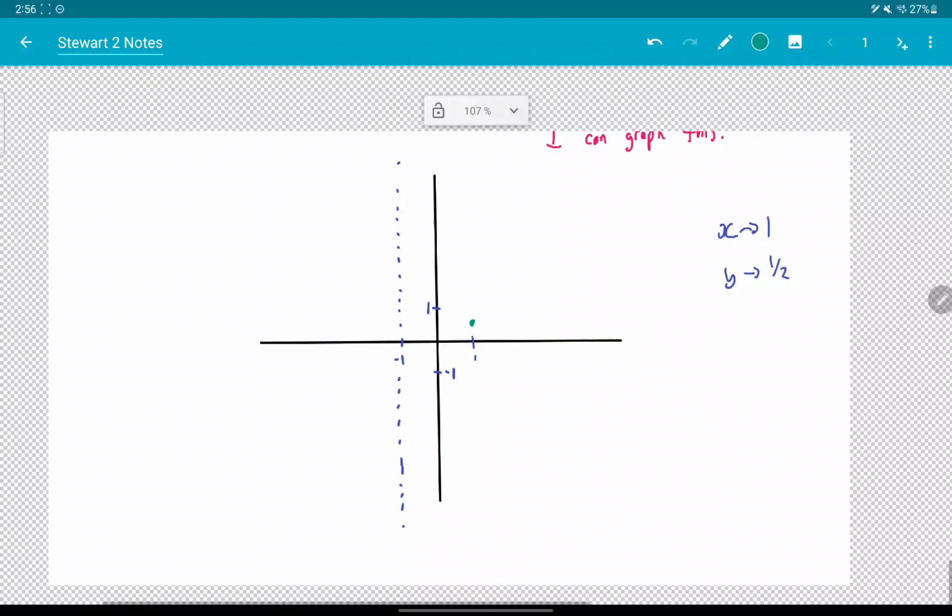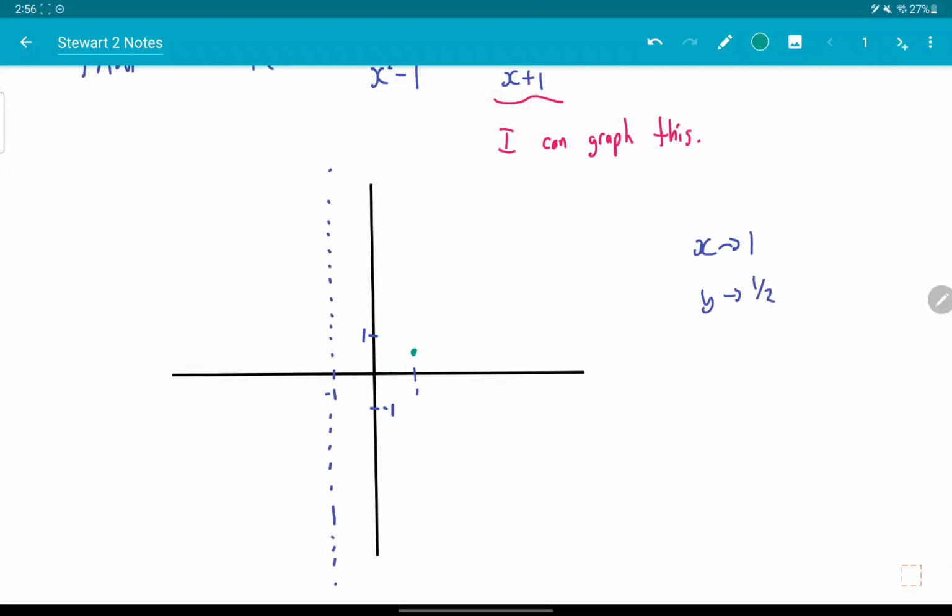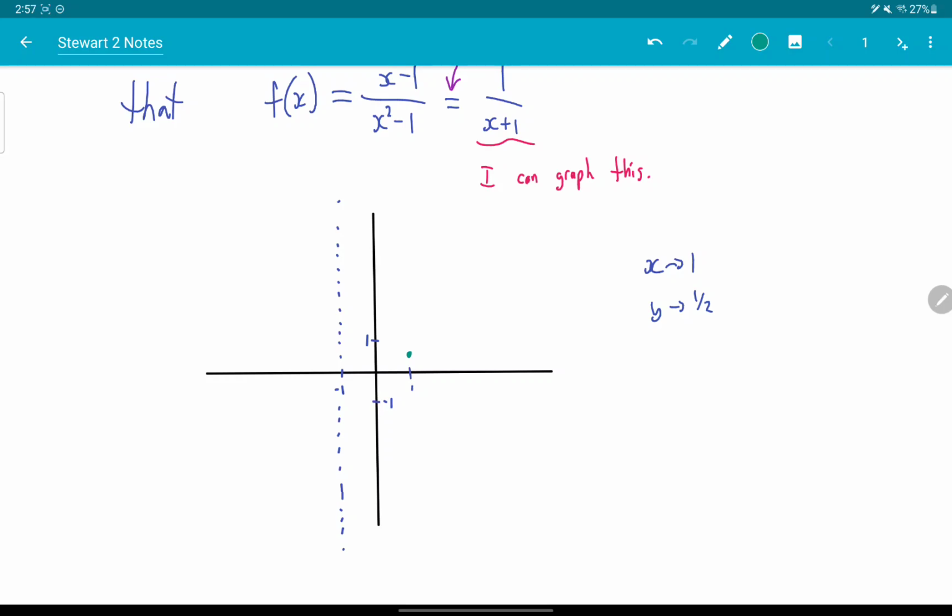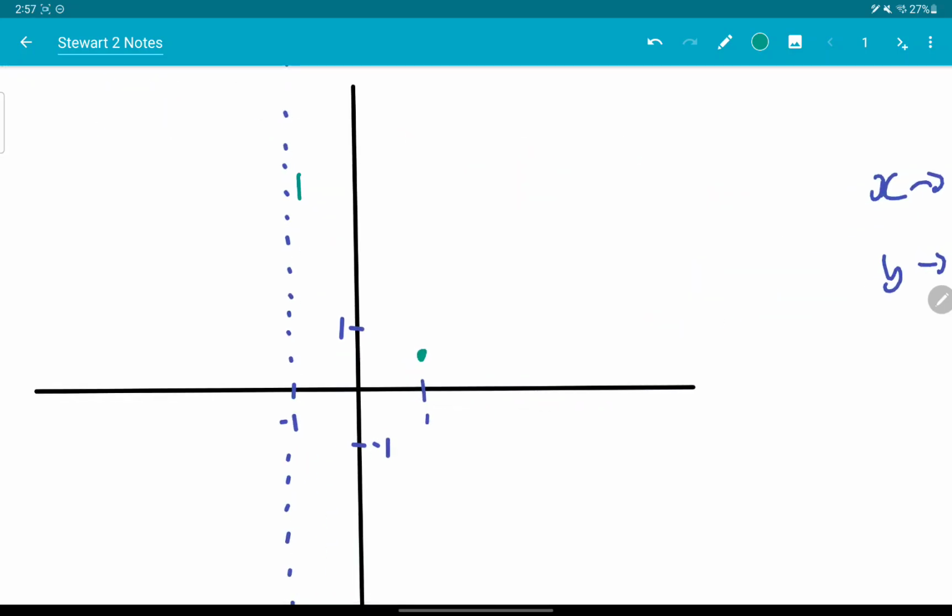So I know that the function is going to do something like this. That's kind of a hyperbola. And we get, yeah, it's going to go like that.